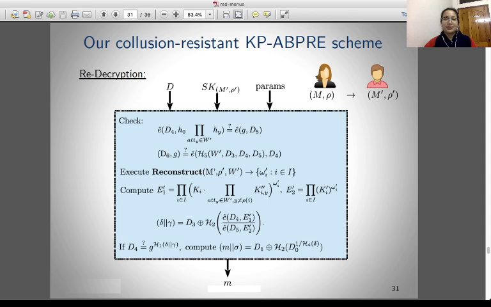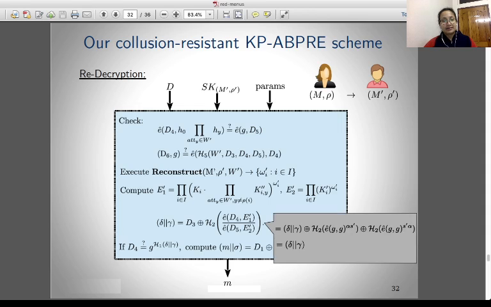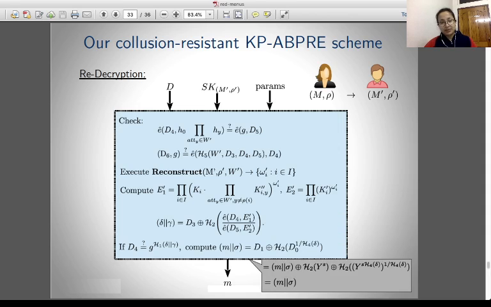First it does a ciphertext validity check, then it executes the reconstruct algorithm of the linear secret sharing scheme to generate the reconstruct shares of the secret and computes the intermediate values E1', E2', and generates the values of delta and sigma as shown here. Using the values of delta and sigma, it recovers the original message M. This can only be done using the secret key of the corresponding access structure M' rho' of the delegatee.